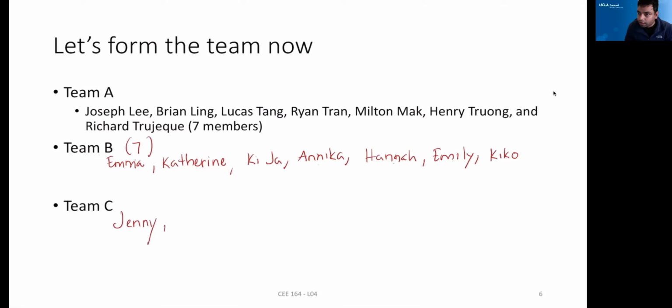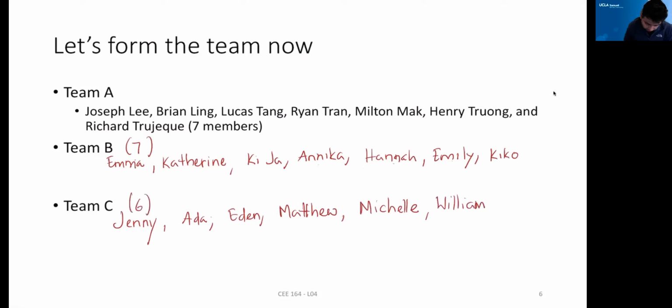Jenny, then Nuda, Eden, Matthew, then Cell. Okay, so we have 1, 2, 3, 4, 5, 6. So anybody who is not in a team, you can join any of them.